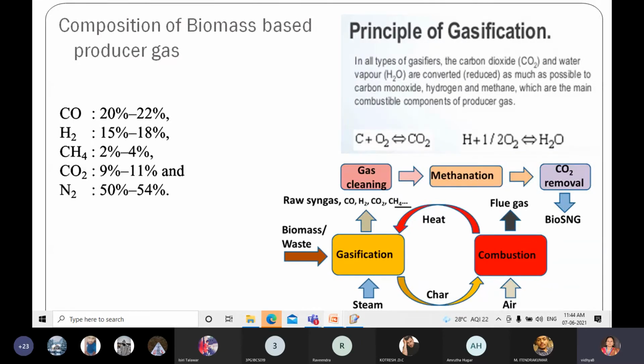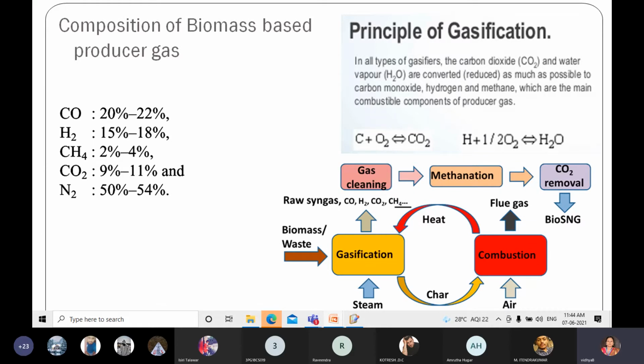You can observe here that carbon plus oxygen gives carbon dioxide, and the other output is H2O, water vapor.